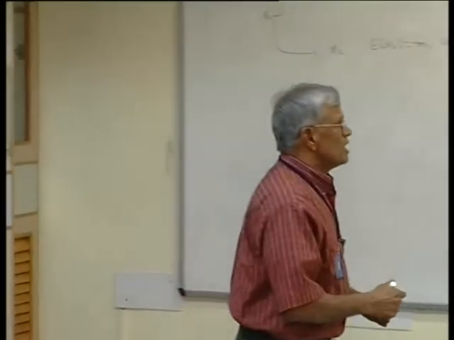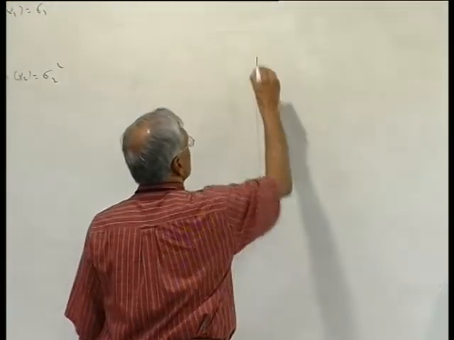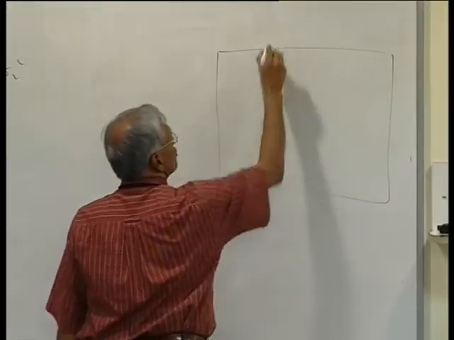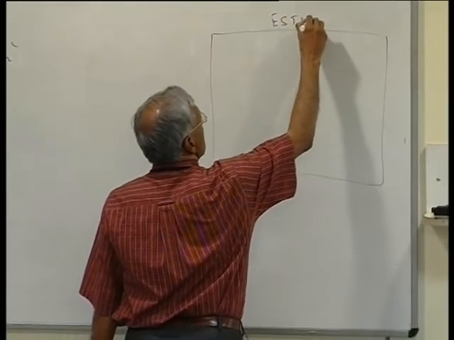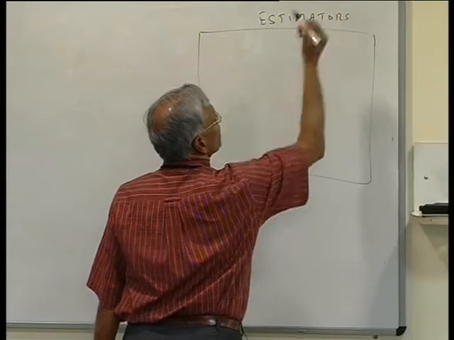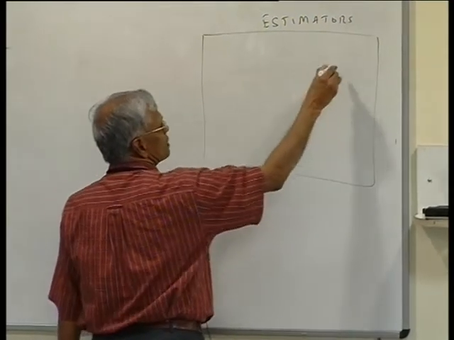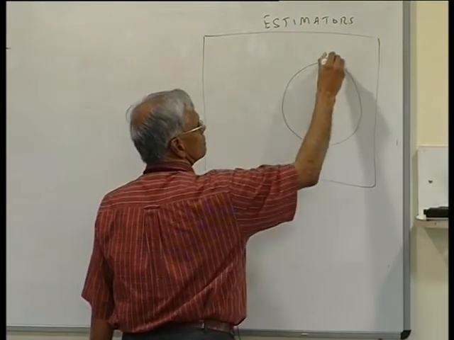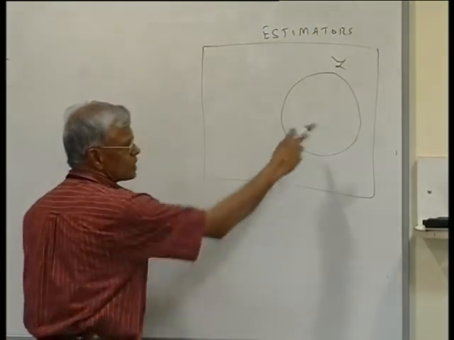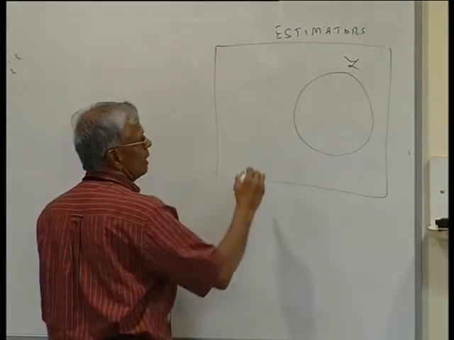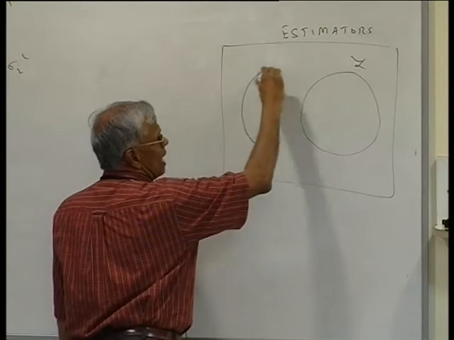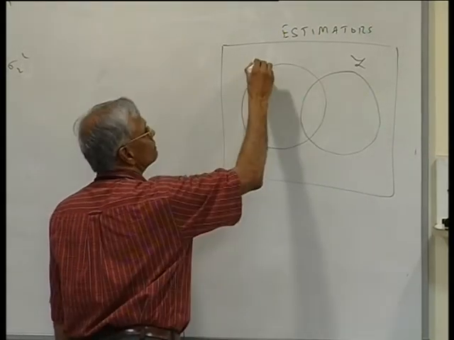So if you look at the set of all estimators, there is a class of estimates which is called linear estimates. Outside of this class is nonlinear estimates. There's a class of estimates called unbiased estimates.